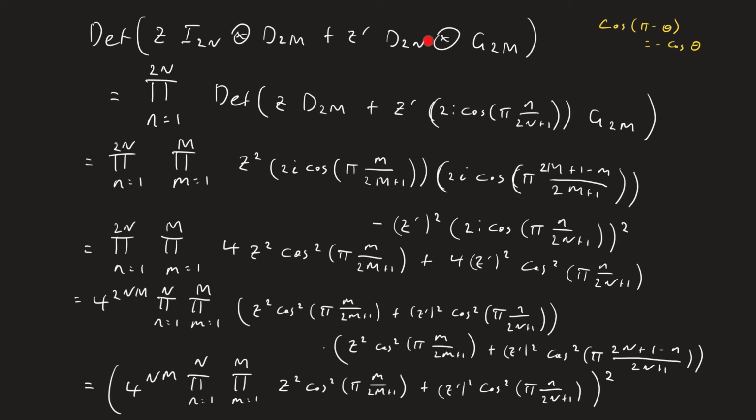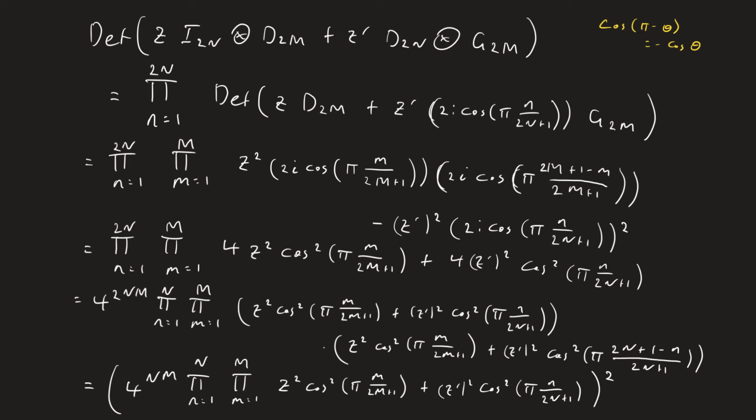Because this matrix is block diagonal, its determinant is just the product of the determinants of each block. Each block contains a diagonal matrix and then an antidiagonal matrix with a constant number along the antidiagonal.